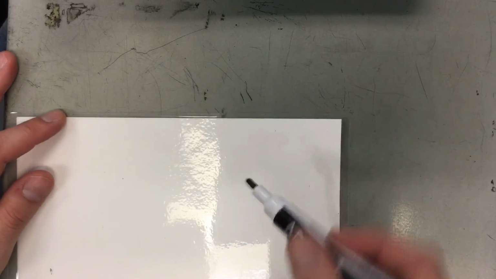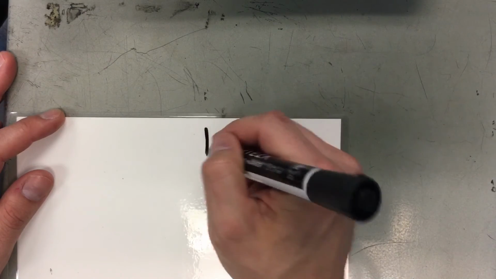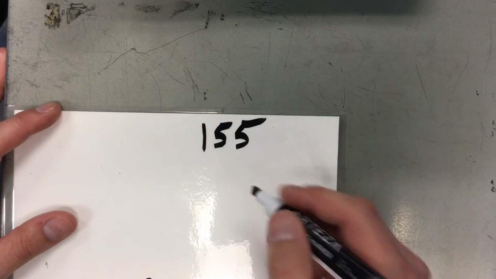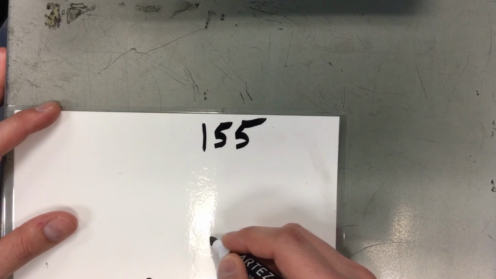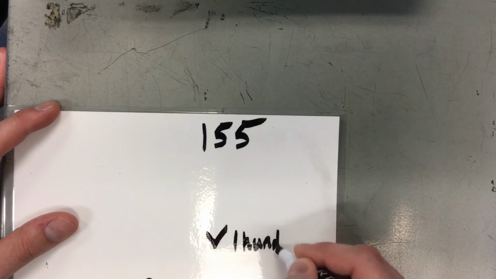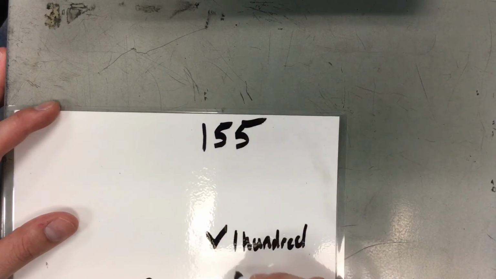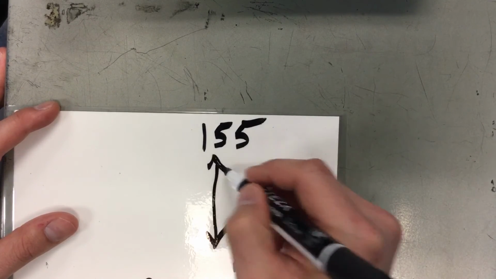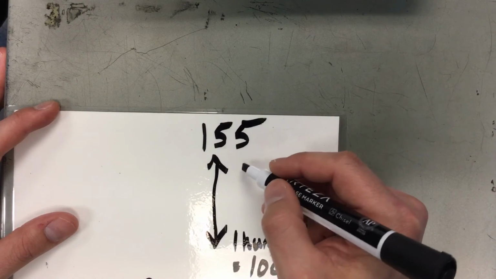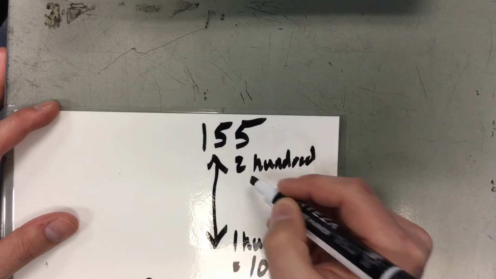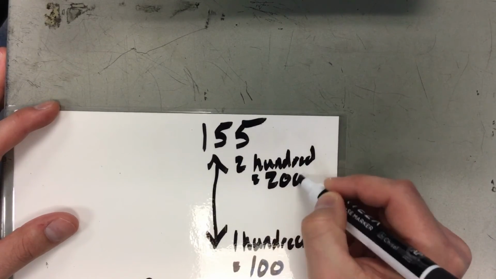That means on my vertical number line, if I have 155 and I'm rounding to the nearest hundred, I need to start my number line at 100, and I'm going to round it either down to 100 or up to 200, which we know equals 200.